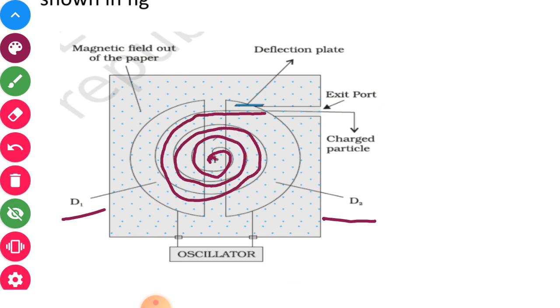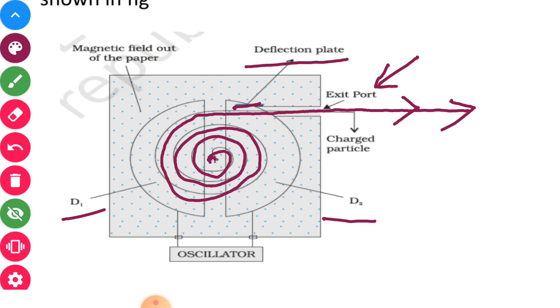After making many such revolutions, the charged particle is taken out of the chamber through the exit port. The exit port is the place from where the accelerated charged particle is taken out. There is a deflection plate. Whenever the charged particle is accelerated to the maximum possible, it is taken out from the exit port by producing another magnetic field with this deflection plate.